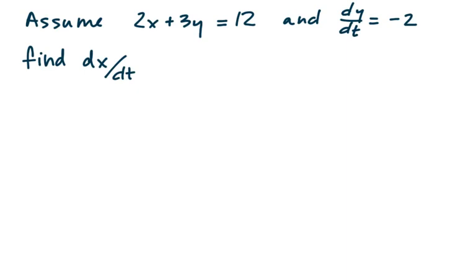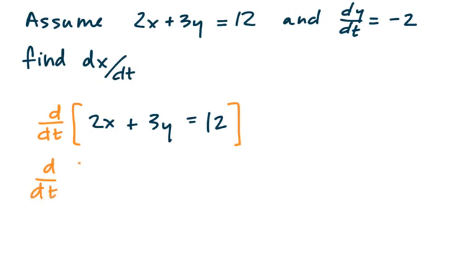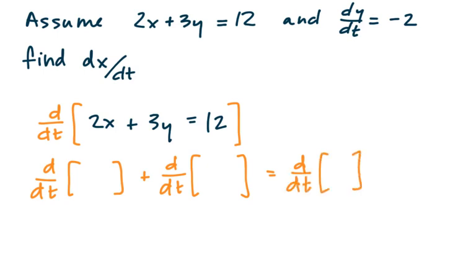So in order for me to solve this problem, I'm going to take the derivative with respect to t of 2x plus 3y equals 12. So I'll differentiate each term with respect to t. So I've got d/dt of 2x, plus d/dt of 3y, equals d/dt of 12.